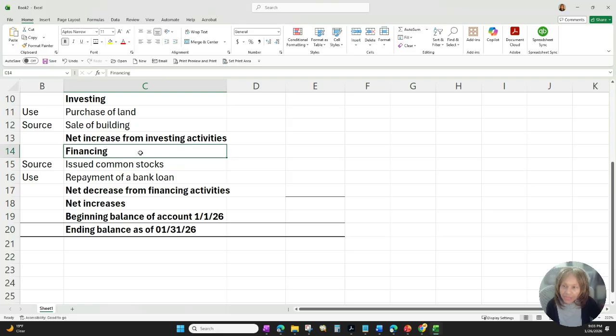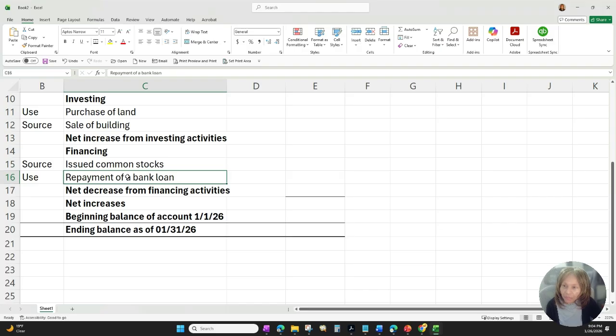A business finances its operations either through equity or debt. Those two ways. So the company in this example is a corporation, as you can see, issuing common stocks. It's bringing in shareholders. Shareholders give the company money in exchange for common stocks. Shareholders own the corporation, by the way, so it's the owner's money.